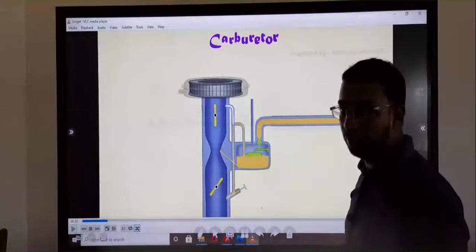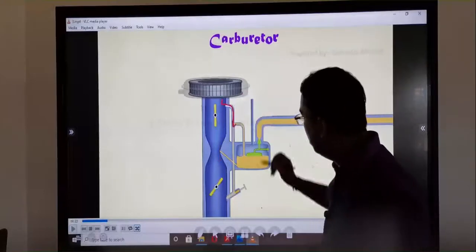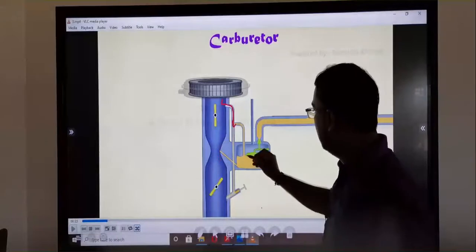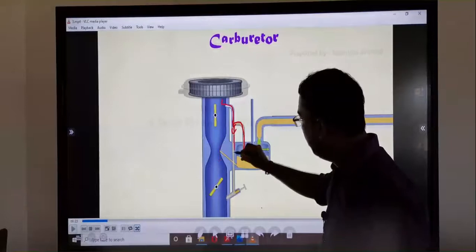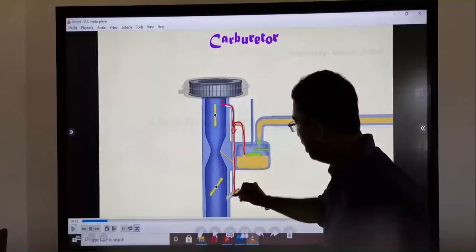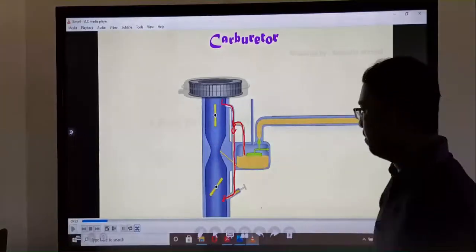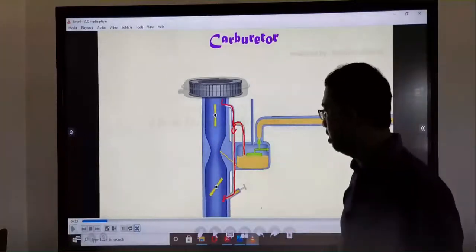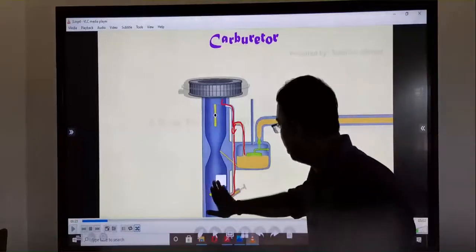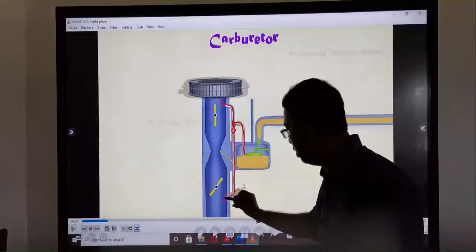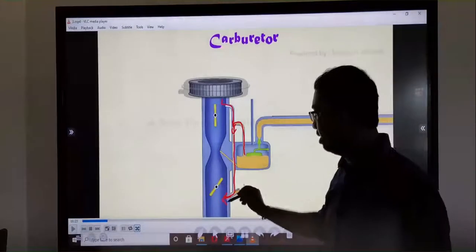When we start the vehicle, air comes through this small pipe, fuel also comes and mixes with it, and the air-fuel mixture drops into the main manifold after the throttle valve. So the throttle valve is not linked with this line.